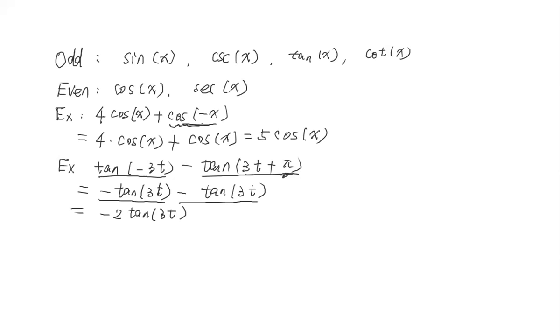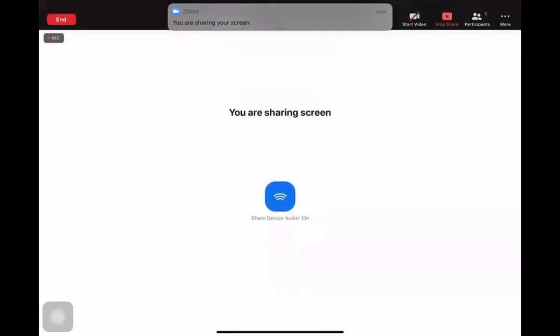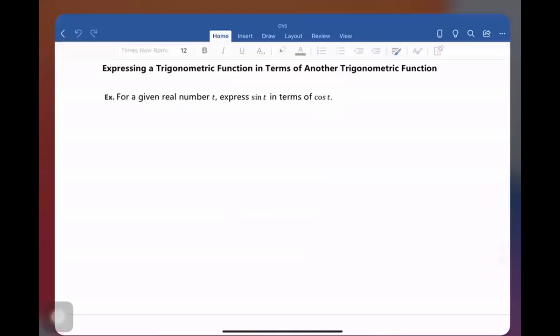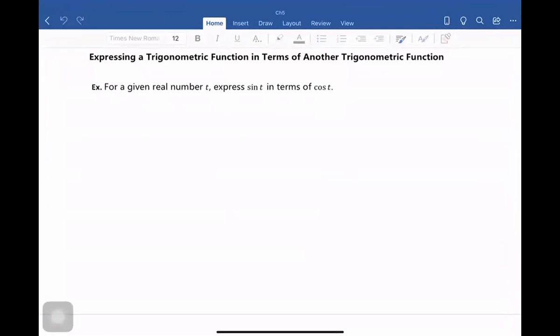Right now it's working. Let me share my screen. Okay. Let's see the Word file.